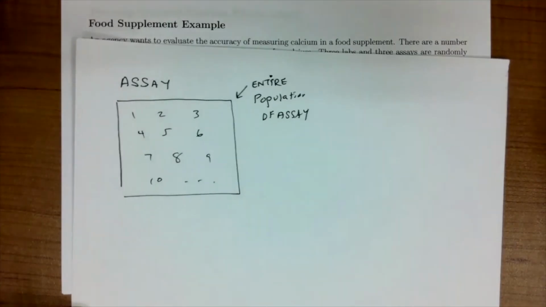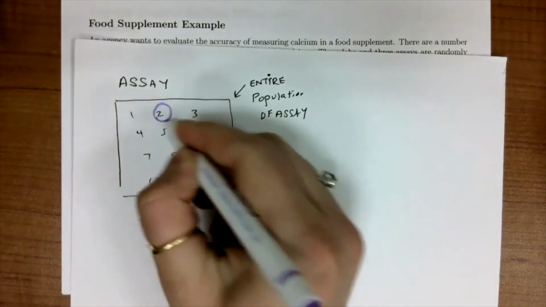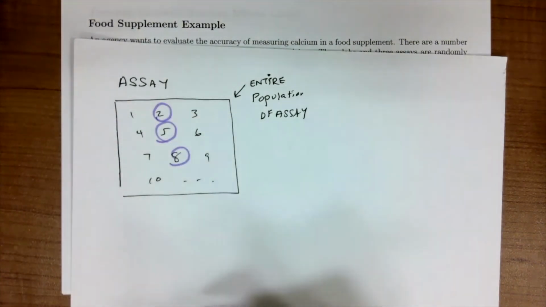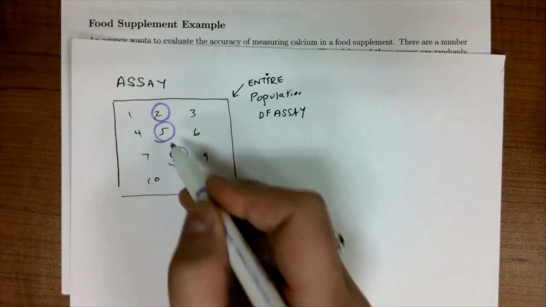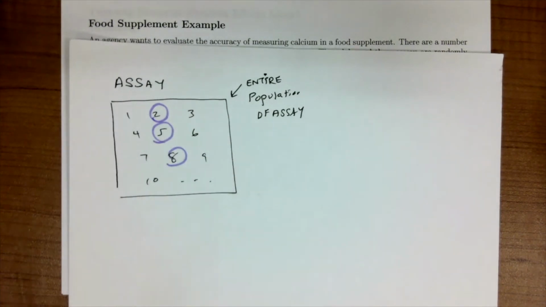What we're going to do is randomly sample 3 assays from this population. Let's say 2, 5, and 8. These are now our treatments for assays.